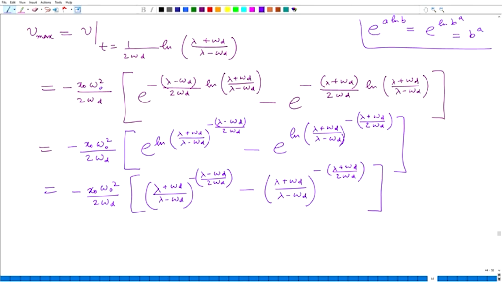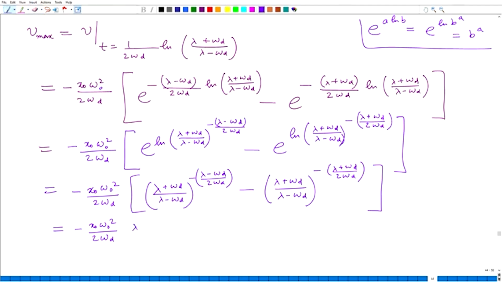And then since there is a minus sign, you can actually take something. So, minus x 0 omega 0 square by 2 omega d, you can actually take one thing common over here.